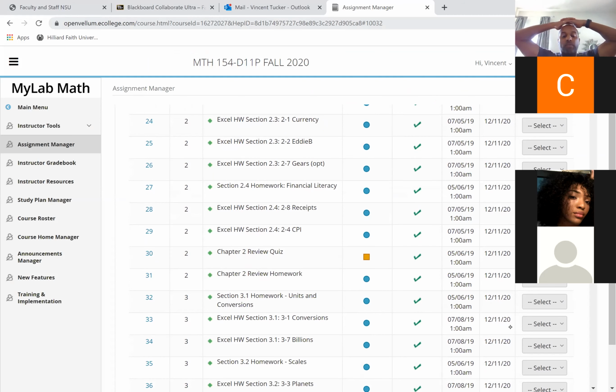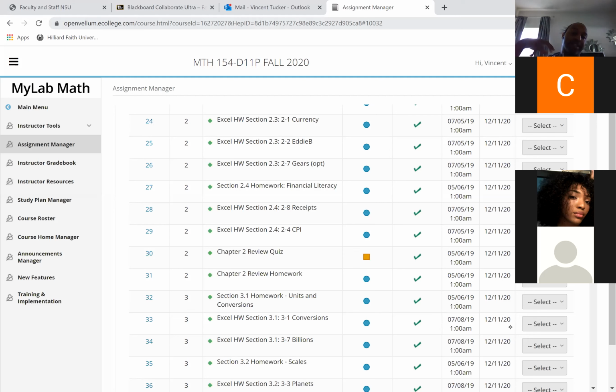So once again, make sure you're getting in there and getting these assignments done, even if you still haven't ironed out all the details. I know in my other class, I have some people that are still having issues with the Excel getting downloaded, and they got a plan now. So even if you're having issues with the Excel assignments, we can work on that. But the other stuff, really, there's no reason why you can't get that knocked out. 1.1 homework, 1.2 homework, 1.3 homework, and so on.